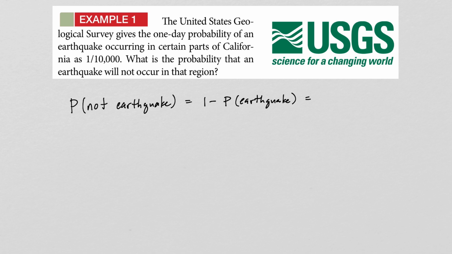This is equal to 1 minus 1 over 10,000, which is 9,999 over 10,000. Or if you like, this is a 0.9999 probability, or 99.99%.